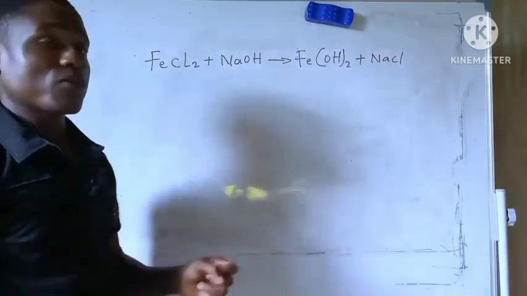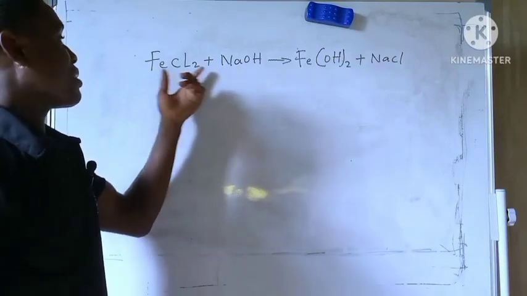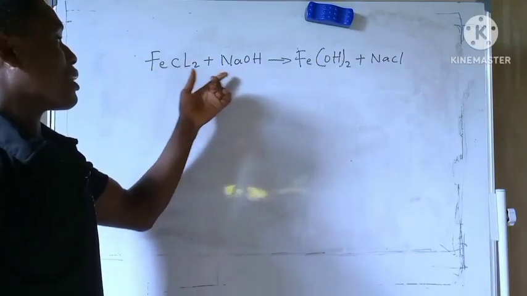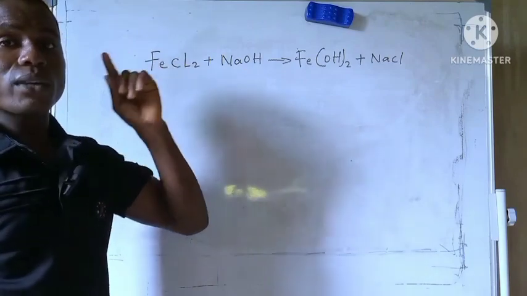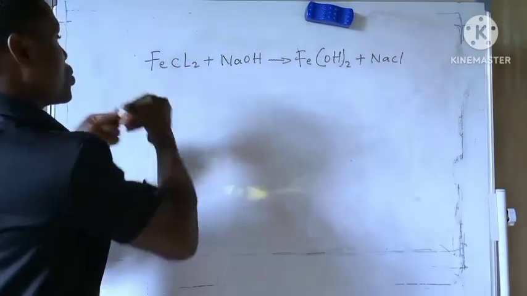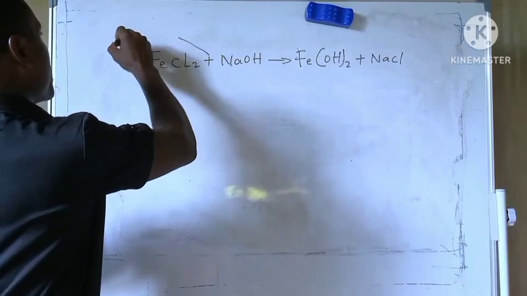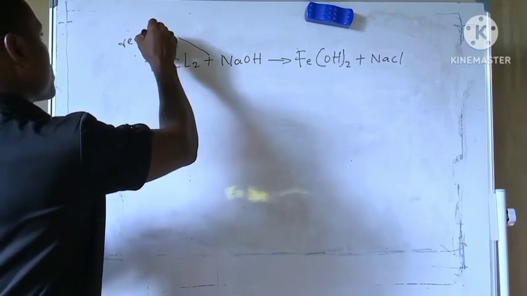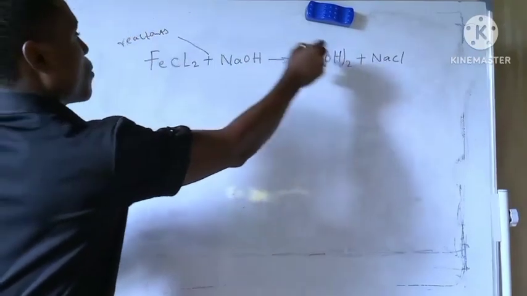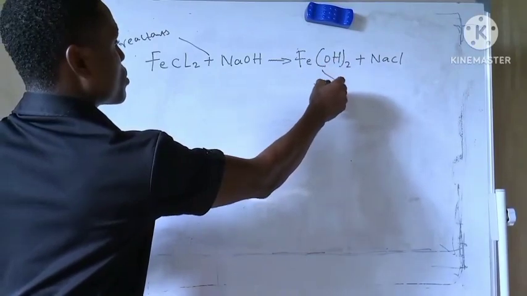First of all, you should know that the elements or the compounds at your left side are called the reactants. The ones on the right are called the products.